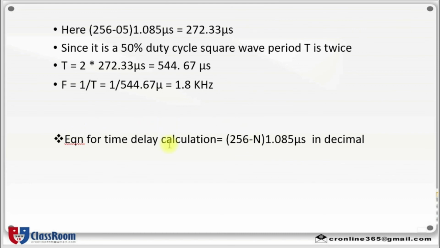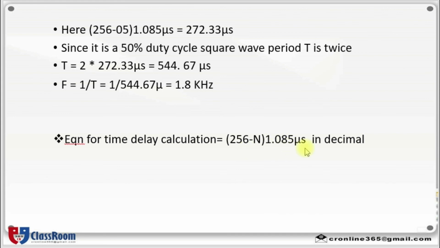FFH is a hexadecimal value. Corresponding to this FFH, the decimal value is 256. So, its maximum value is 256, minus N, where N is the initial count value, multiplied by 1.085 microseconds, which will give you your time delay.